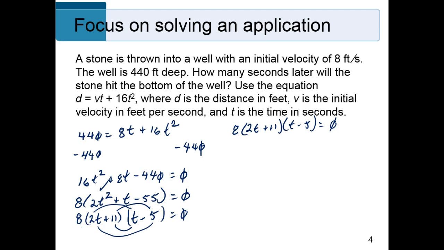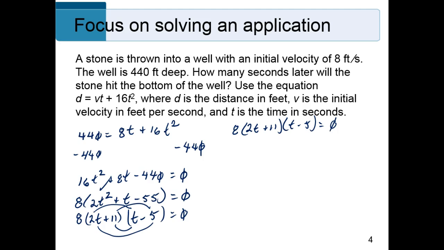Anybody? Okay, at least one of them has to be 0, right? Correct? Okay. For 3 things to multiply to be 0, at least one of them's got to be 0. Now my question to you, is 8 ever 0? Not in this universe. Okay? So therefore that one's completely out.